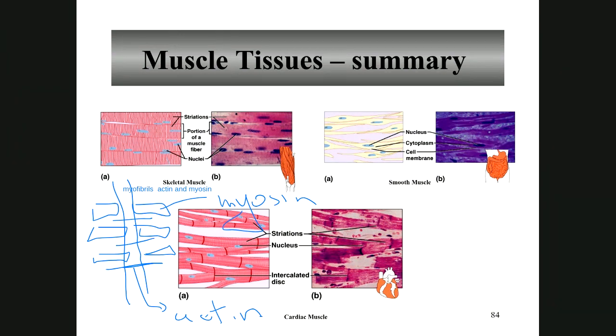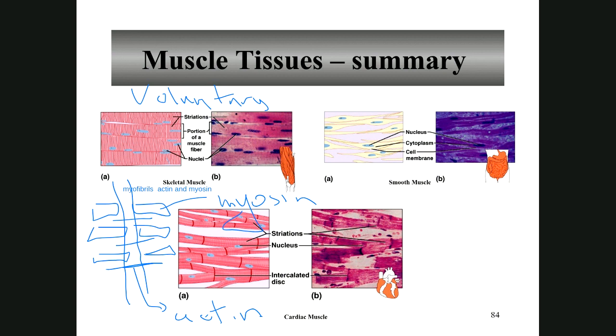The nucleus is pushed to the side. This is the only one we call voluntary. That means you can tell it when to contract. Whereas these two are involuntary. You cannot tell the heart when to contract, and certainly not smooth muscle. Cardiac muscle has striation, you can see it, but it also branches.